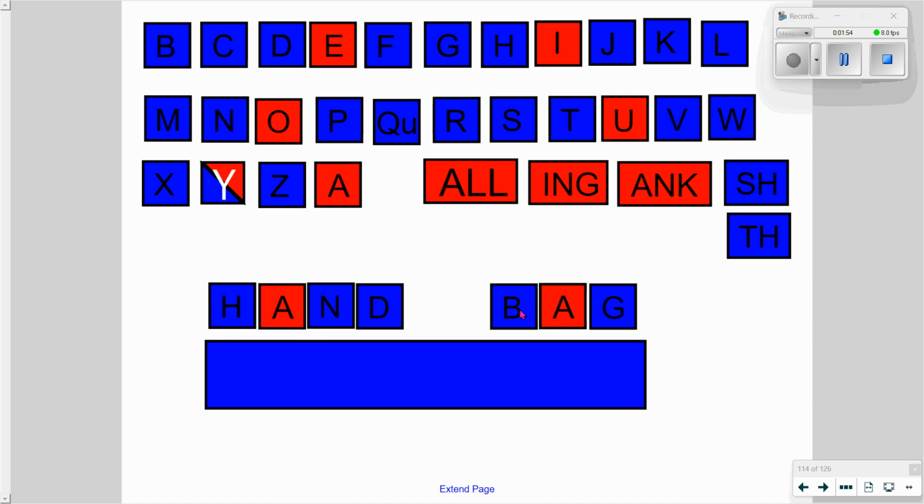Each one of them is a word all by itself. And so when I divide it into syllables, I'm going to split between the 2 smaller words. So I'm going to split between hand and bag. Remember, a compound word is 2 small words. They're actual words that could be used by themselves, and then they're put together into one longer word.